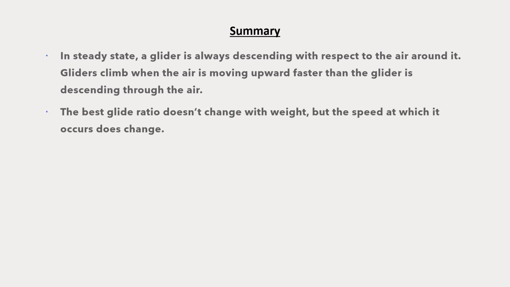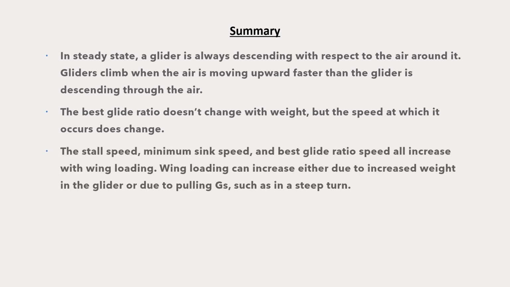The best glide ratio doesn't change with weight, but the speed at which it occurs does change. Specifically, the heavier you are, the faster you need to fly to achieve the best glide ratio. The stall speed and the minimum sink speed all increase with wing loading. Wing loading can be due to weight. It can also be due to pulling G's, like when you're in a steep turn.